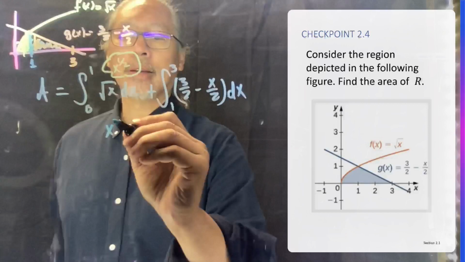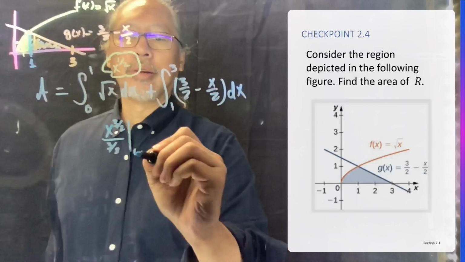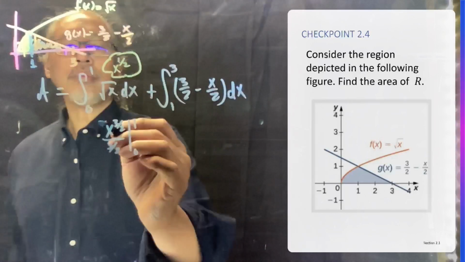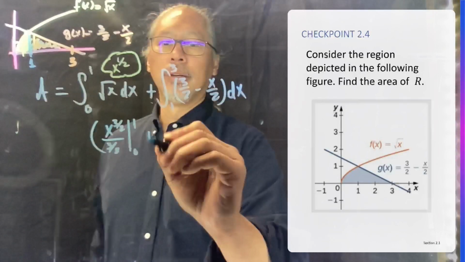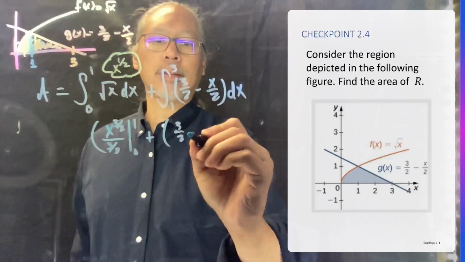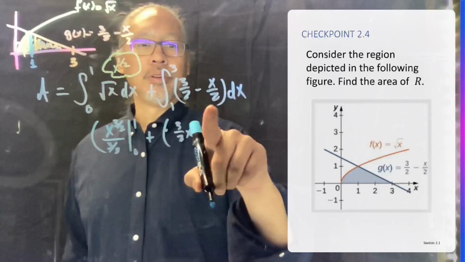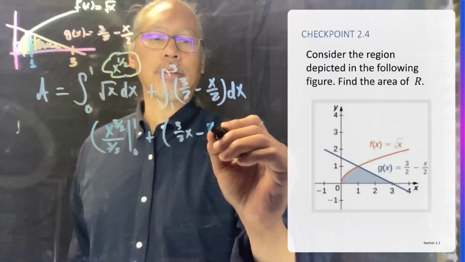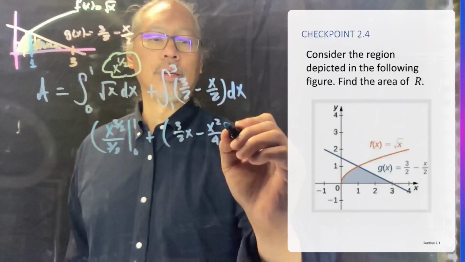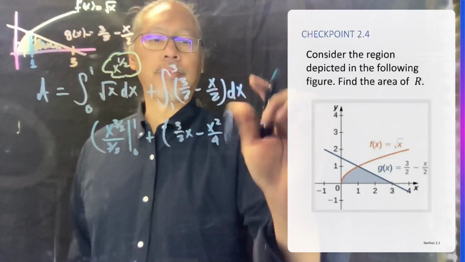So this is going to be x to the 3 halves divided by 3 halves, evaluating from 0 to 1. And then the next one would be 3 halves x, that's just a constant. And this would be x squared over 2, but there's already a 2 in the denominator, so it'll be x squared over 4. And we're going to evaluate this from 1 to 3.